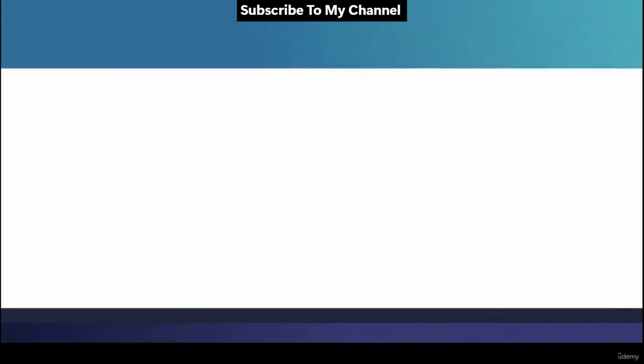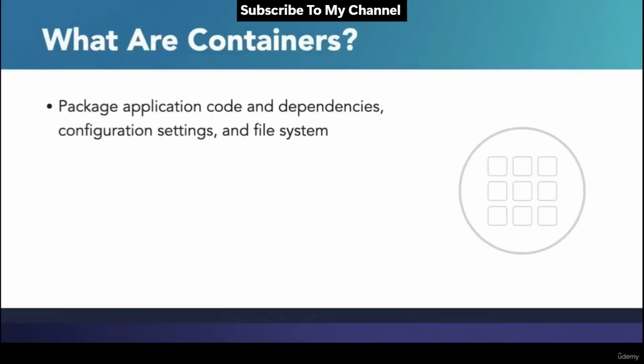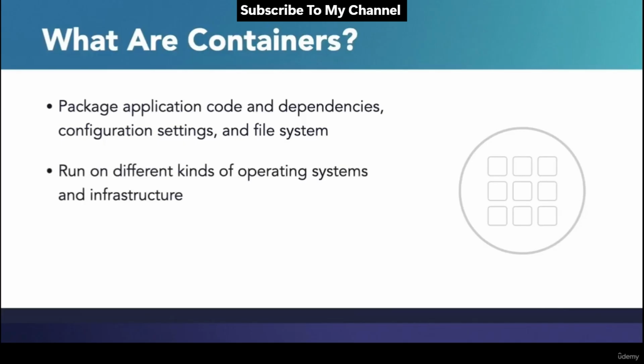A container is a software that packages not only your application code, but also its dependencies, such as libraries, configuration settings, and the file system. Containers are portable, meaning they can run on different kinds of operating systems and infrastructure seamlessly.